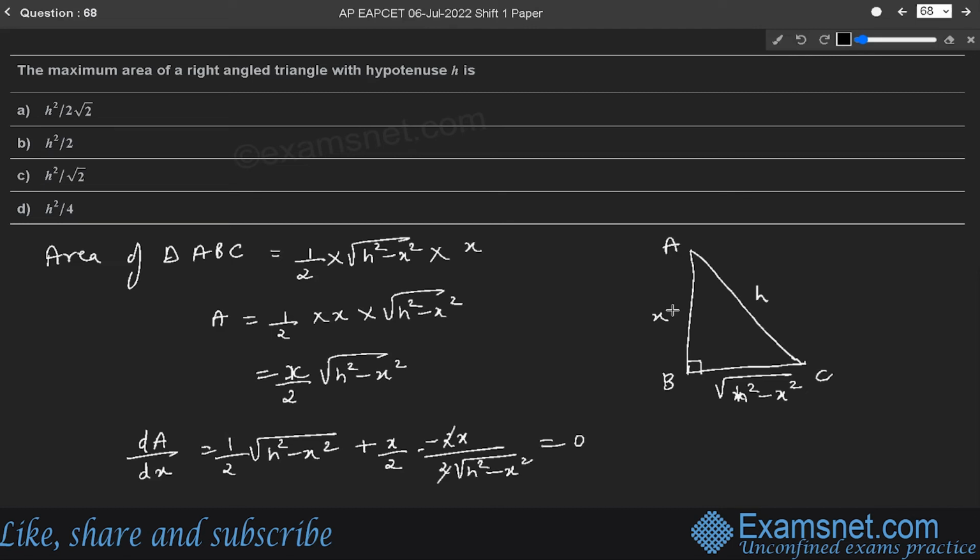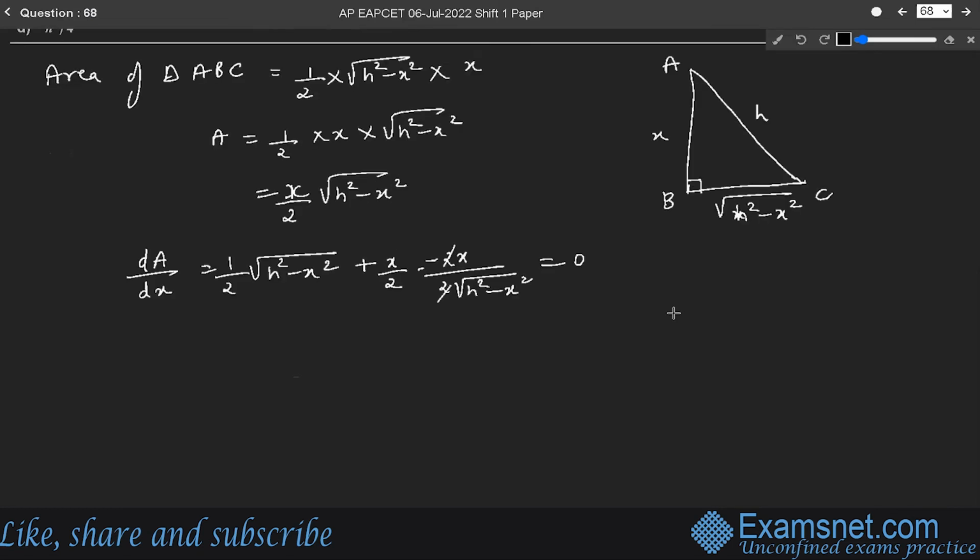This 2 and this 2 will be cancelled. So it will be equal to 1 by 2 into under root of H square minus X square minus X square divided by 2 into under root of H square minus X square.